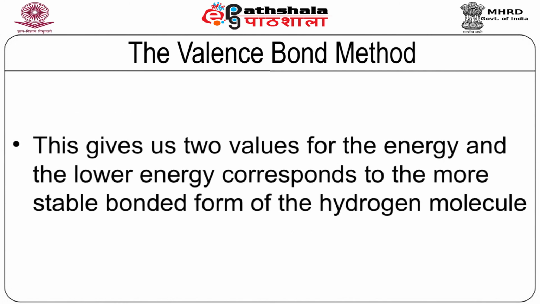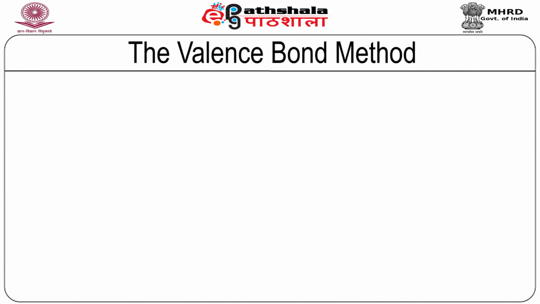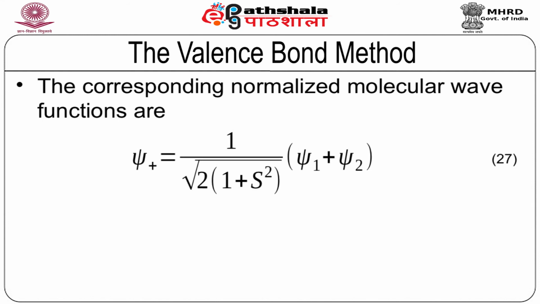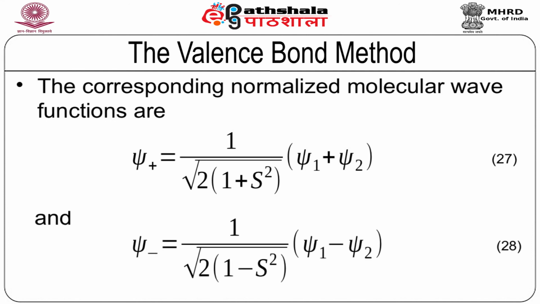This gives us two values for the energy, and the lower energy corresponds to the more stable bonded form of the hydrogen molecule. The corresponding normalized molecular wave functions are psi plus equals 1 by square root of 2 into 1 plus s square, psi 1 plus psi 2, and psi minus equals 1 by square root of 2 into 1 minus s square, psi 1 minus psi 2.